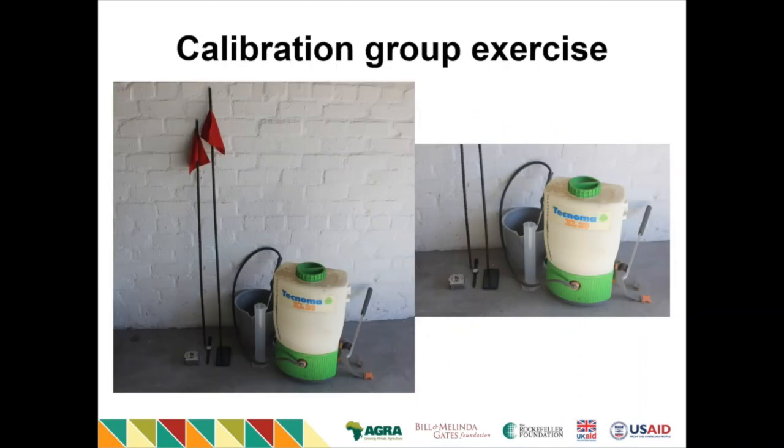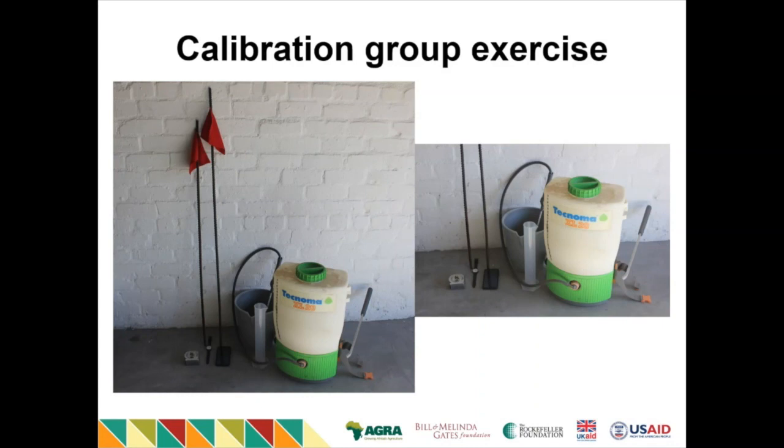Here you can see the equipment that might be necessary for a calibration exercise. We've got 2 poles there with little flags on that we can use to measure off the 10 meters. On the floor at the bottom next to the flags, you'll see a tape measure to measure off the 10 meters. There's a watch lying there that can be used to time.